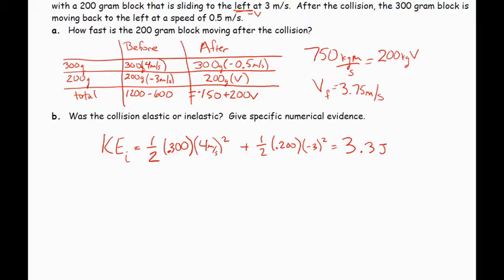Okay. Now my kinetic energy final, I'm going to do 1/2 0.300 times 0.5 squared, negative 0.5 squared, but it doesn't matter in this case, plus 1/2 0.200 times 3.75 meters per second squared.